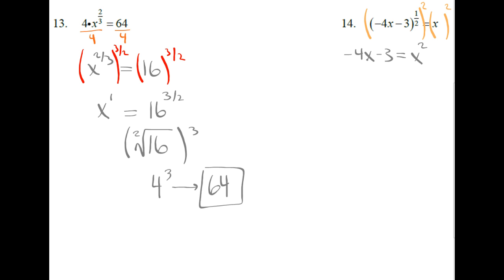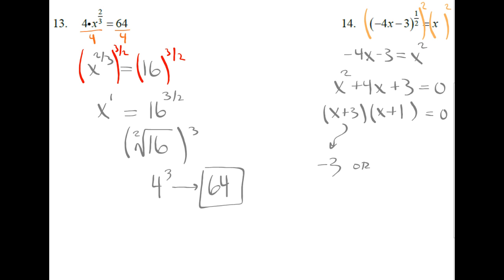And so here's a quadratic. I'm going to set this equal to 0 with a positive leading coefficient. So I essentially move the negative 4x and negative 3 to the right. I factor this, and the factors are x plus 3, x plus 1 equal to 0. So my possible solutions are negative 3 or negative 1.